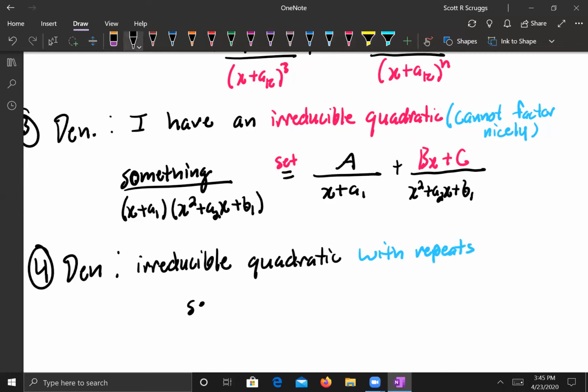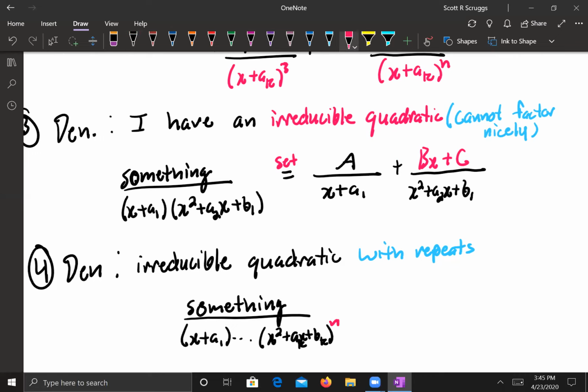Meaning in my denominator, I've got my linear stuff going on, dot, dot, dot, whenever. But for my quadratic term that's appearing, my irreducible quadratic, I now have it raised to the nth power.